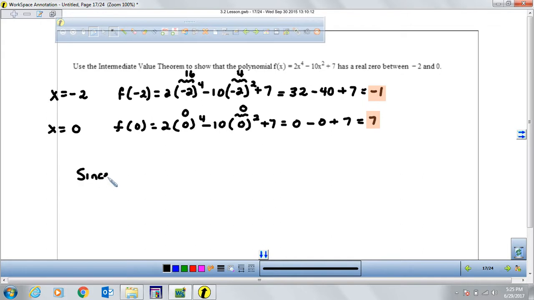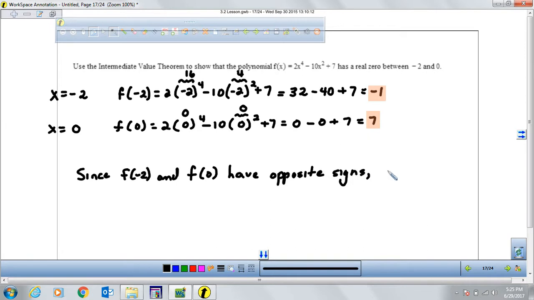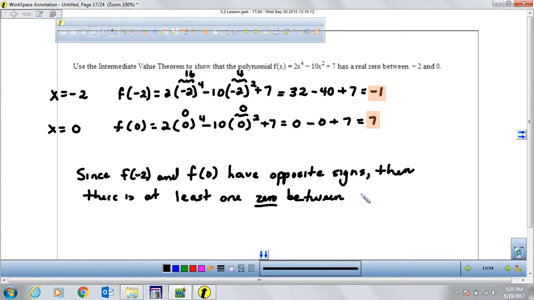Since f of -2 and f of 0, those are the values of y, have opposite signs, then we can conclude that there is at least one 0, meaning one x-intercept, one real 0 between -2 and 0, period.